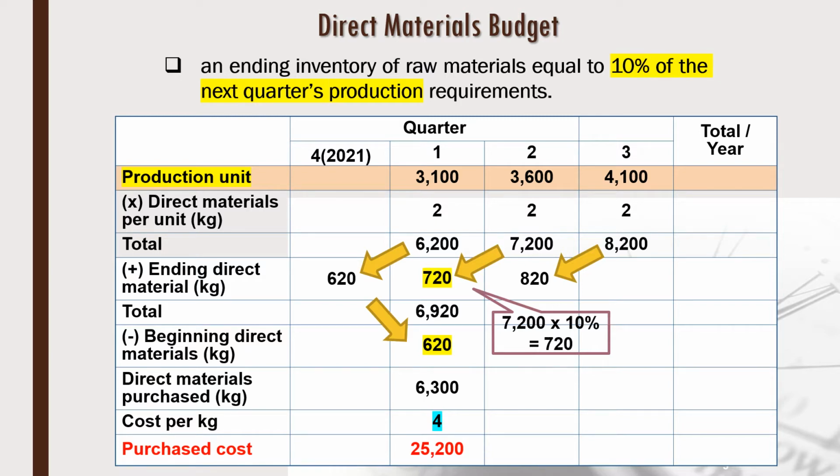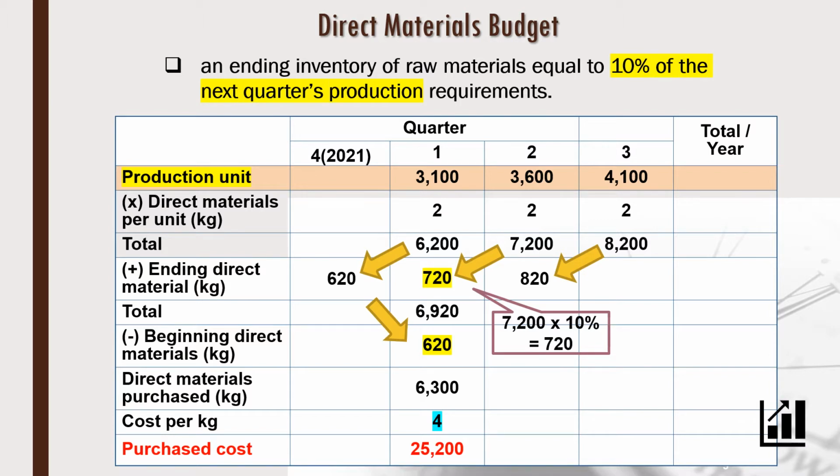Okay, the total 6,920 minus beginning direct materials in kg 620 equals direct materials purchase in kg, 6,300. So we multiply with the cost per kg, that is RM4.